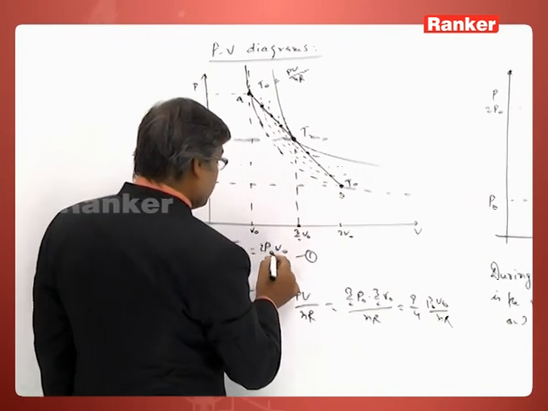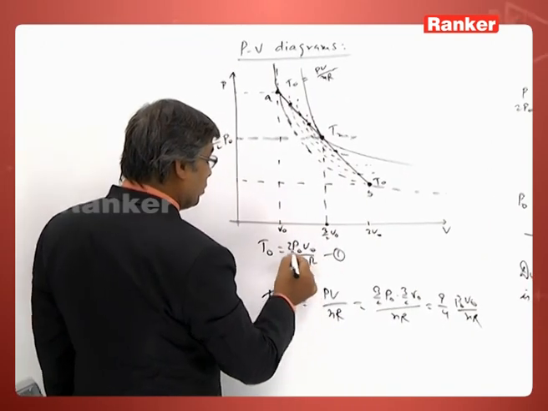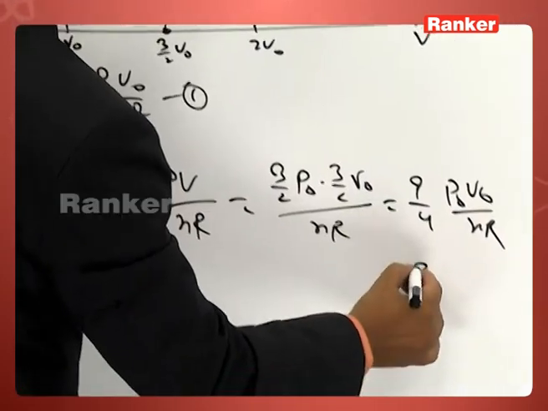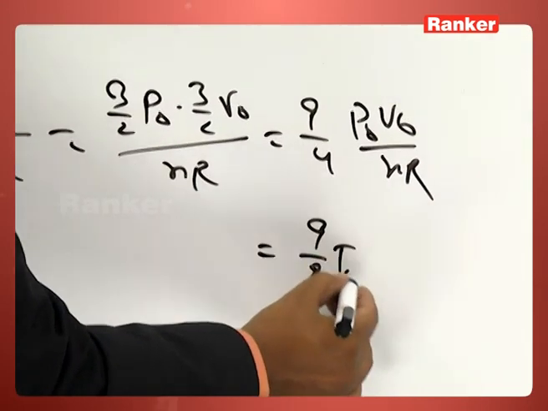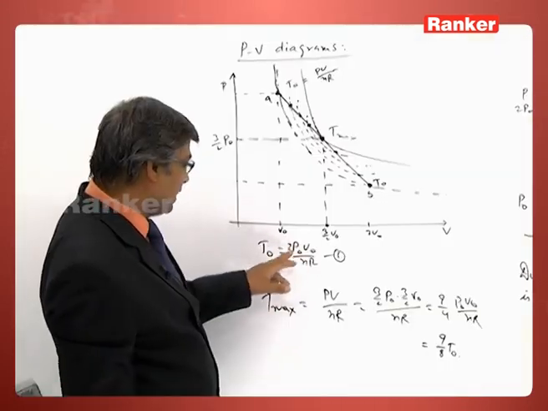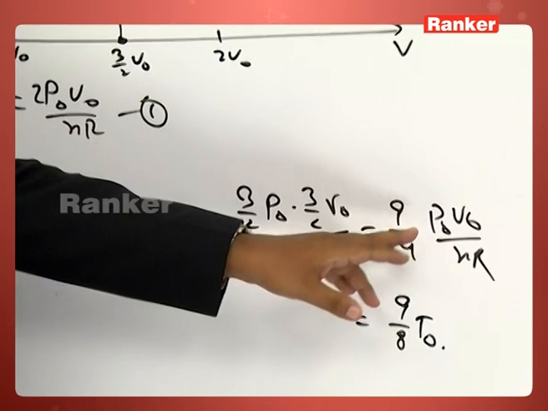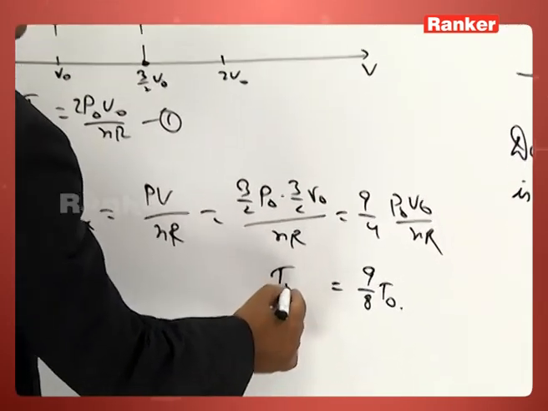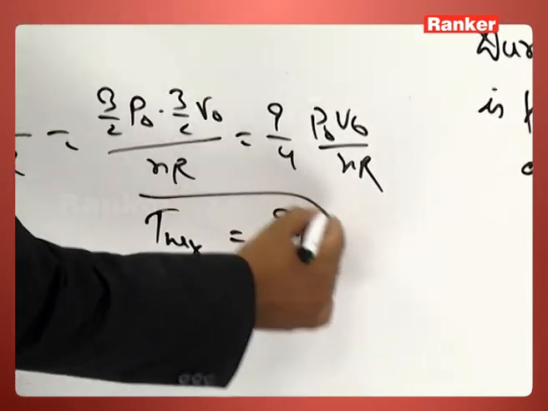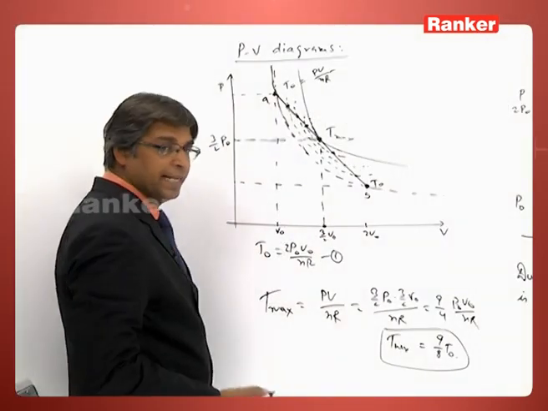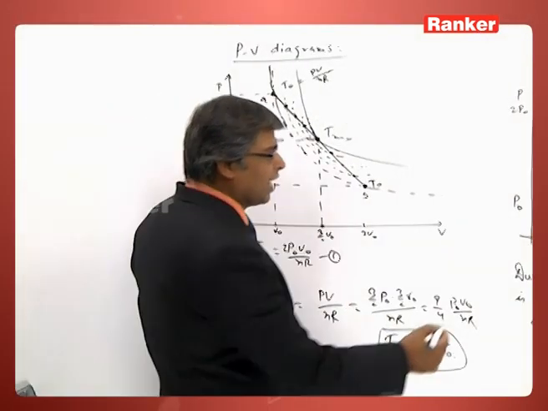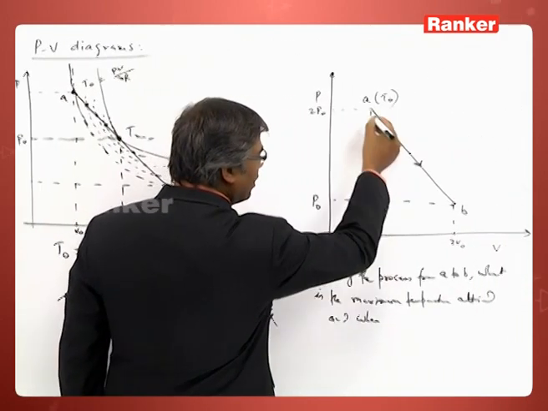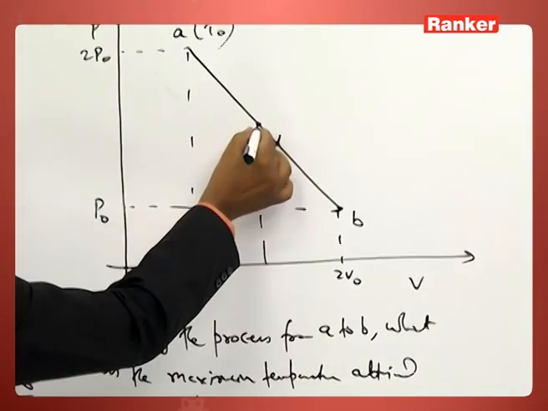So you see, P0V0 by nR is T0 by 2, so we have the maximum temperature as 9 by 8 T0, and this happens at the center of this line.